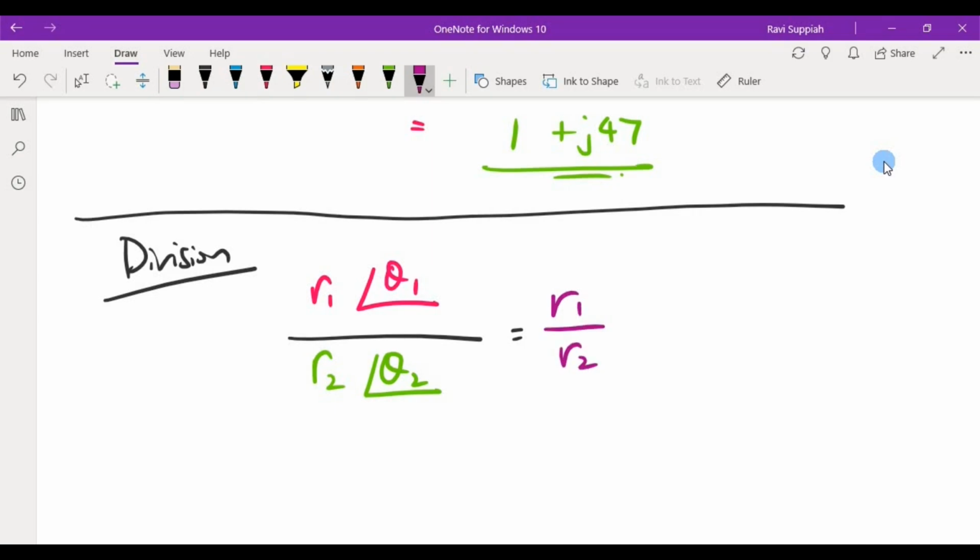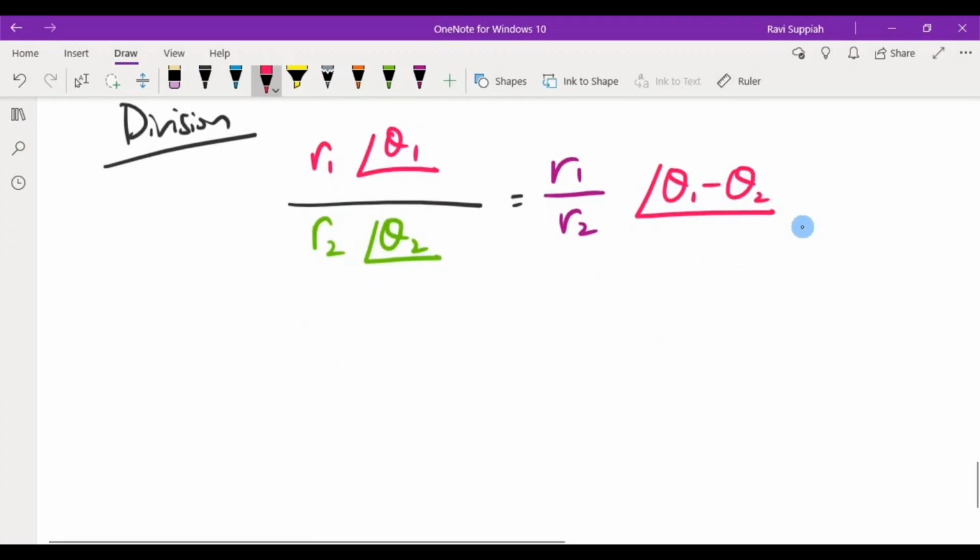So only the r values you divide and the angles you subtract. Theta 1 minus theta 2.